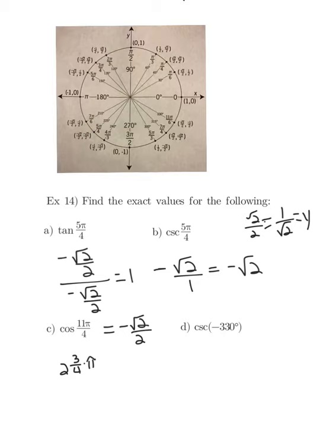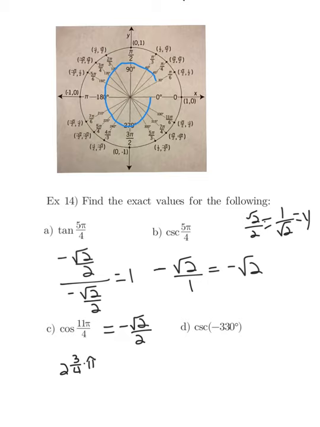For the last example, we want to find the cosecant of negative 330 degrees. So in this case, we want to start at 0 because it's negative. We are going down. And if you think about 330, you go almost all the way.